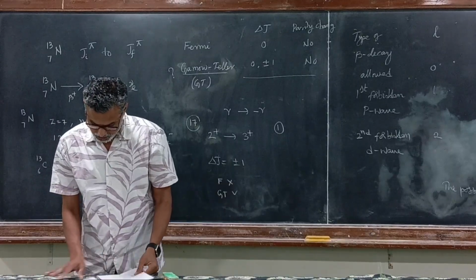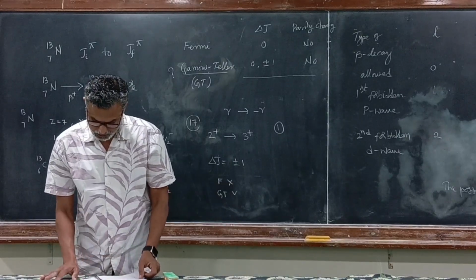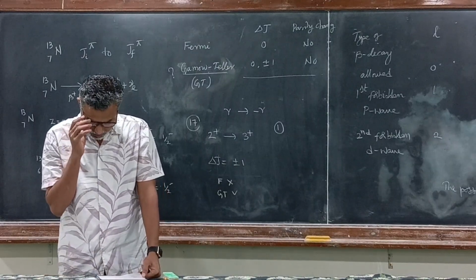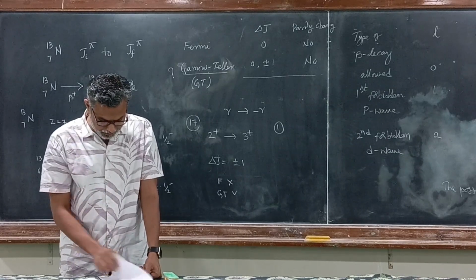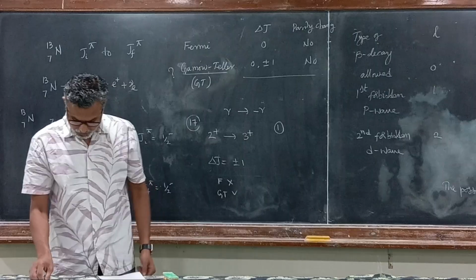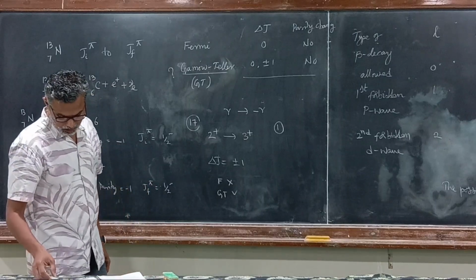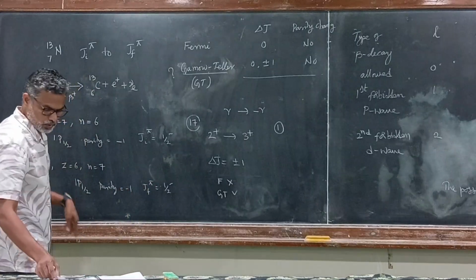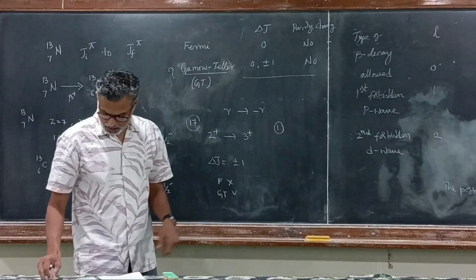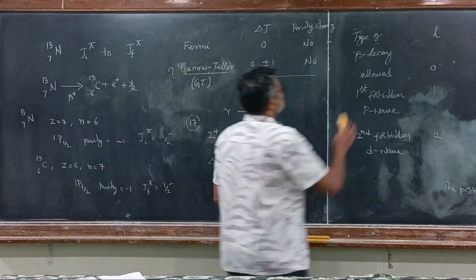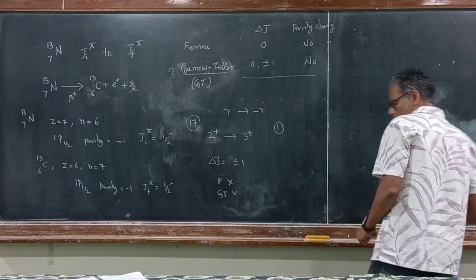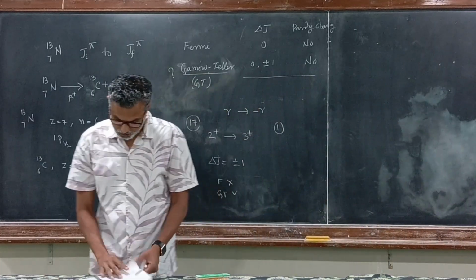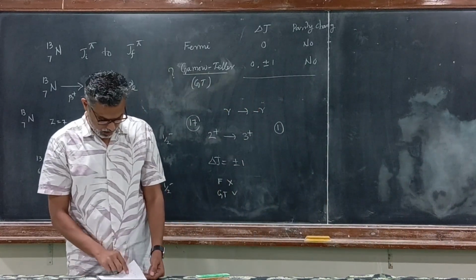So let's talk about something else further. In this category, there is something called muon decay. First we discussed beta decay, and now there is muon decay, and pion decay.